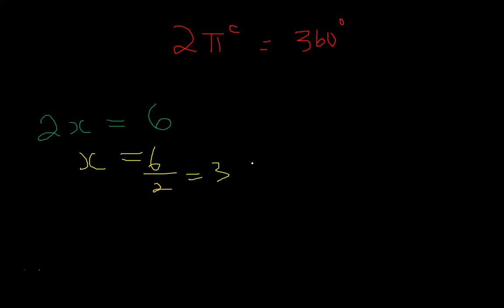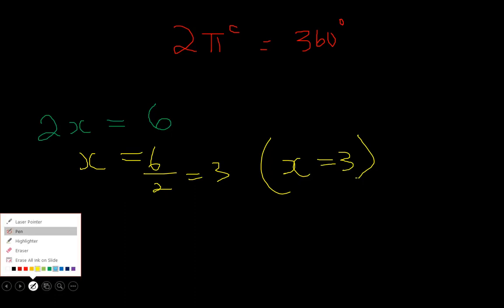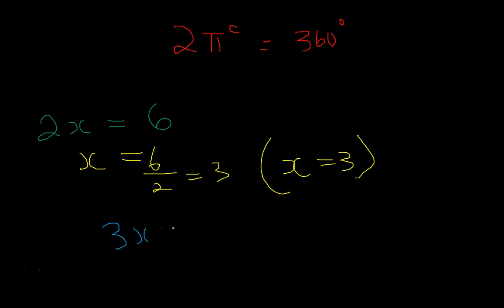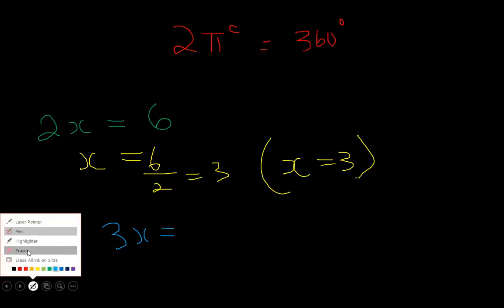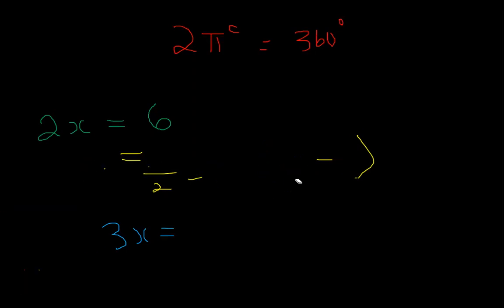So now that I know that x is equal to 3, if I ask you to find the value of 3x, what would be the answer? 3x is equal to what? 9. And how did you get 9? 3 times 3.